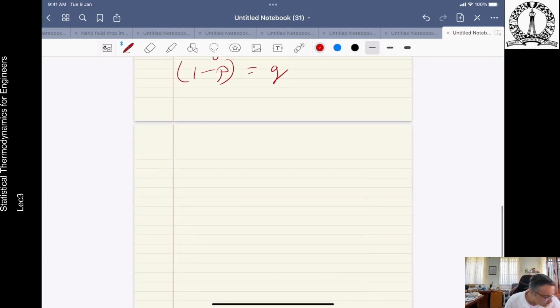Now let us assume a sequence of n tosses. So you toss the coin n number of times.